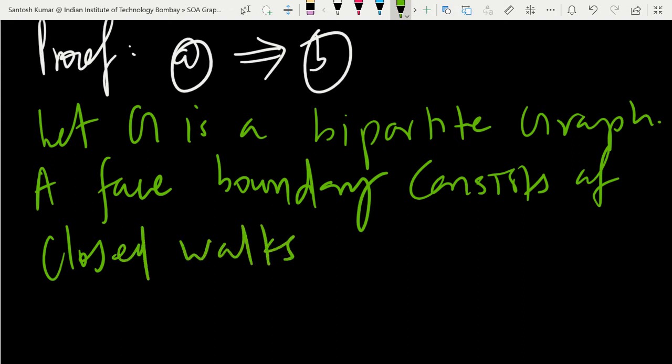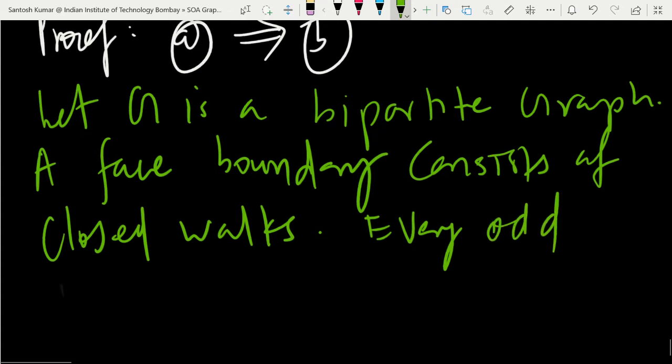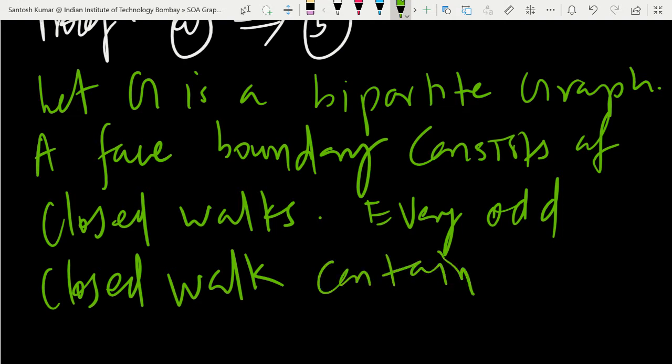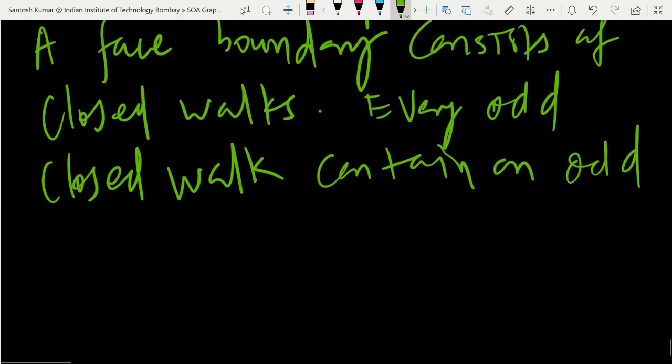You know about faces. And every odd closed walk contains an odd cycle. Okay, so every odd closed walk contains an odd cycle.